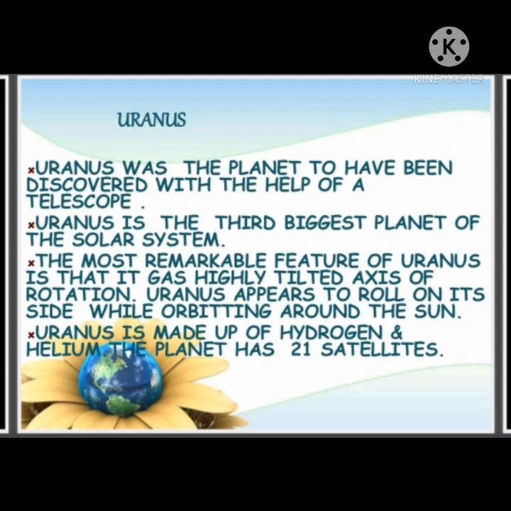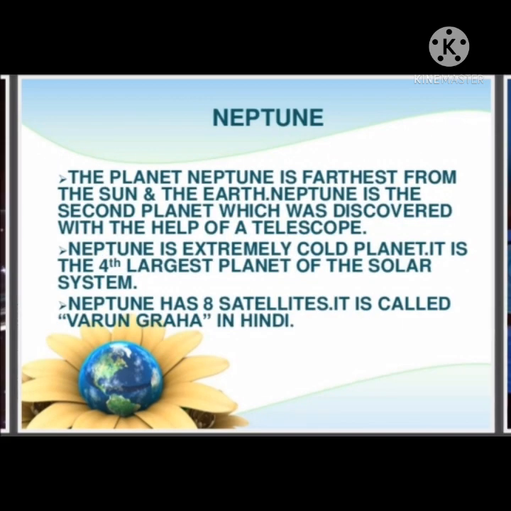Next one, Neptune. The planet Neptune is furthest from the Sun and the Earth. Neptune is the second planet which was discovered with the help of a telescope. So Uranus and Neptune were discovered only with the help of the telescope. Neptune is an extremely cold planet. It is the fourth largest planet of the solar system.